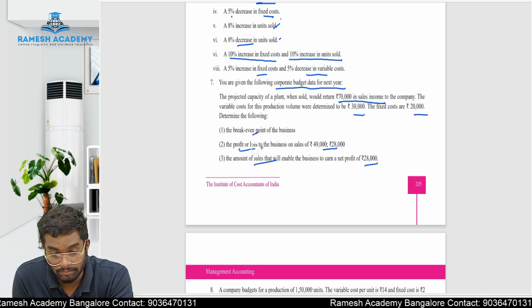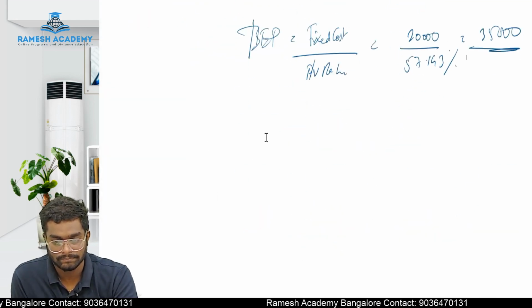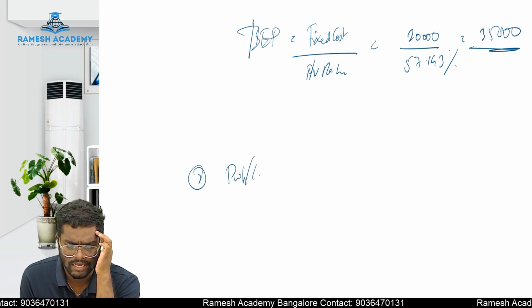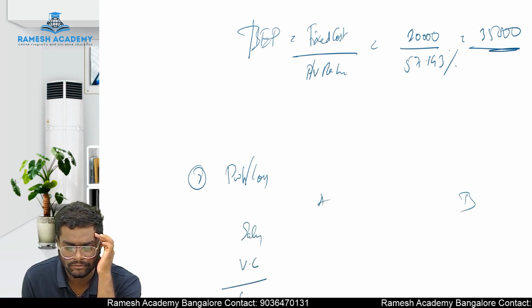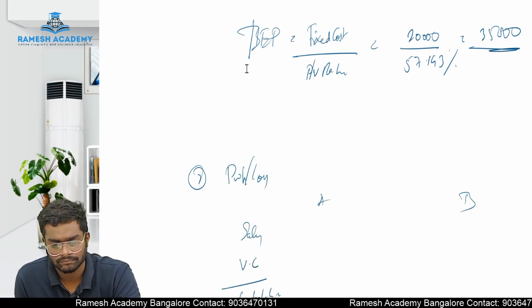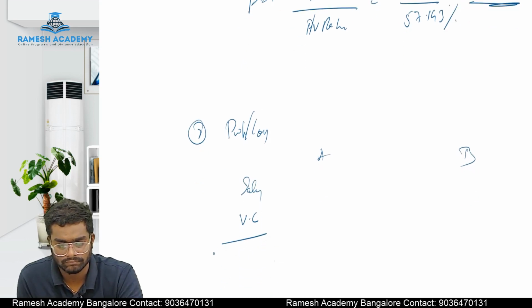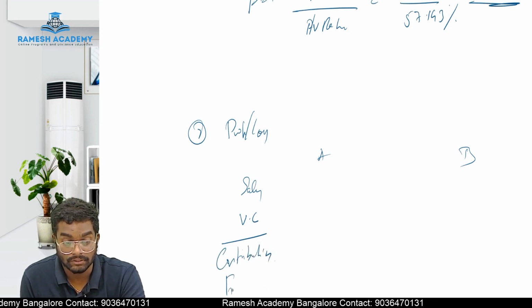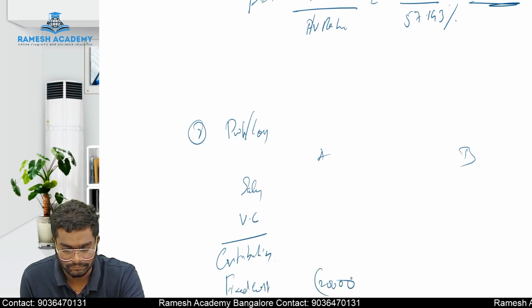Now we have to find the profit or loss to this business if sales change. So simple. Profit or loss: I'll take two scenarios, A and B. Sales, VC, contribution, the fixed cost. Fixed cost is 20,000 everywhere.